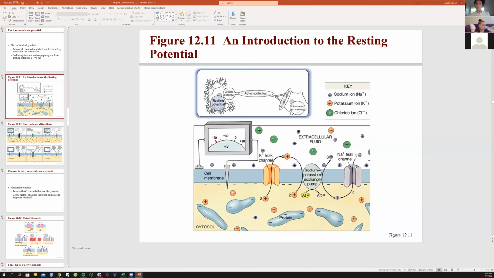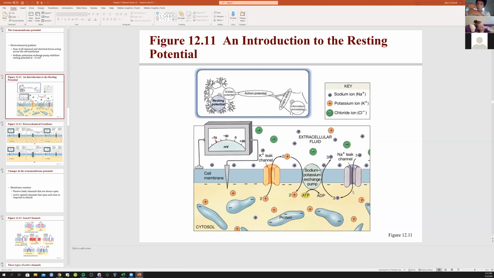We're going to see that changes in the electrochemical gradient between the interior and the exterior are how we respond to stimuli.